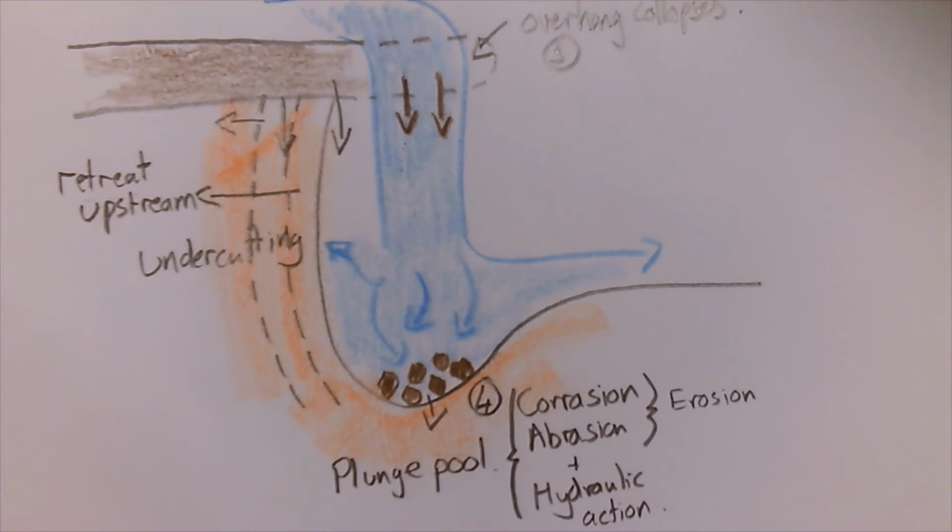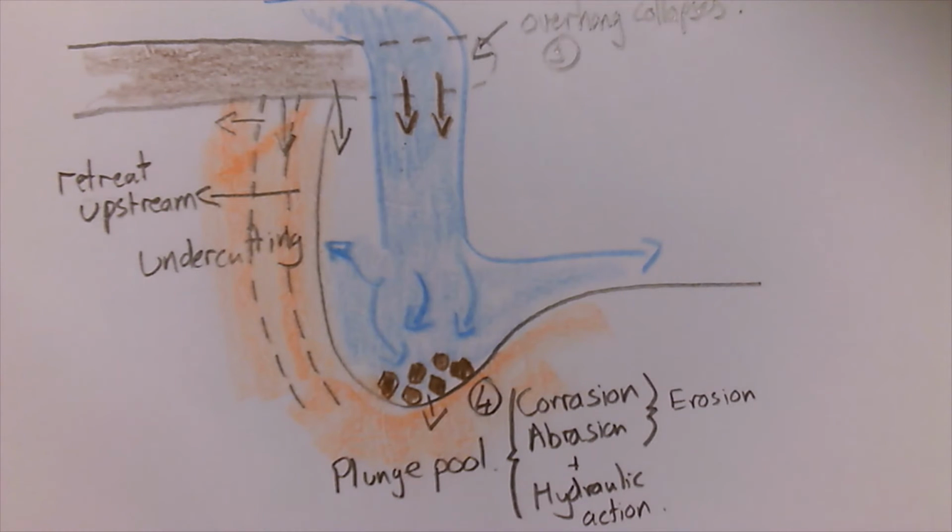What then happens to our overhanging hard rock? Hamza? Excellent. It will collapse. And then what can we expect to happen? Sakdio? Good. More soft rock is eroded and undercut, and the process continues.